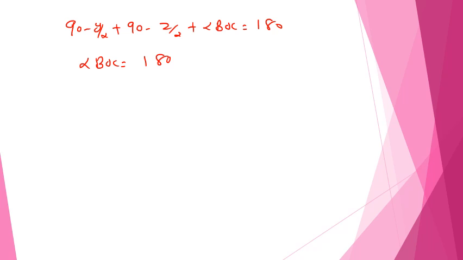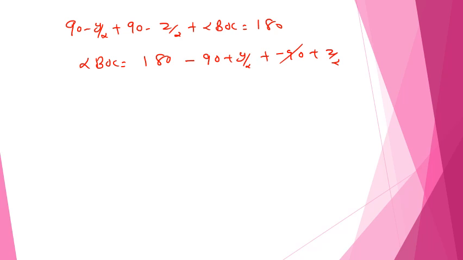So 90 minus Y by 2 plus 90 minus Z by 2 plus angle BOC is equal to 180. So angle BOC is equal to 180 minus 90 plus Y by 2 minus 90 plus Z by 2.